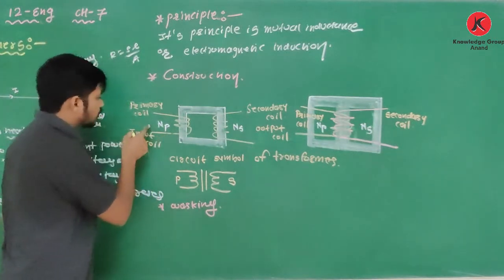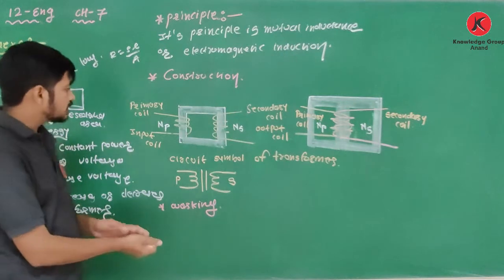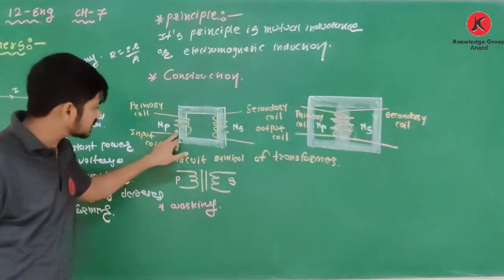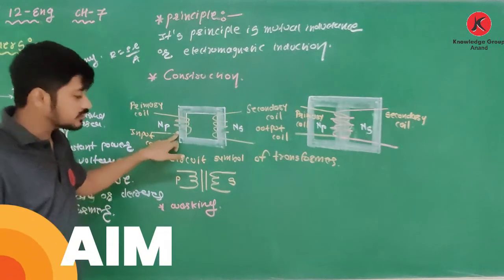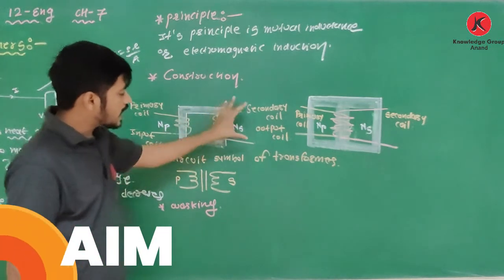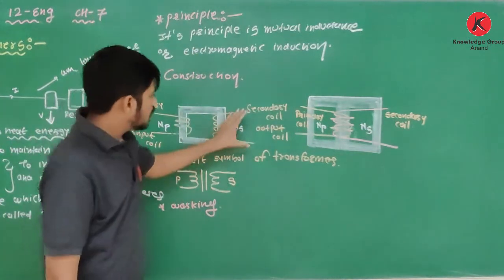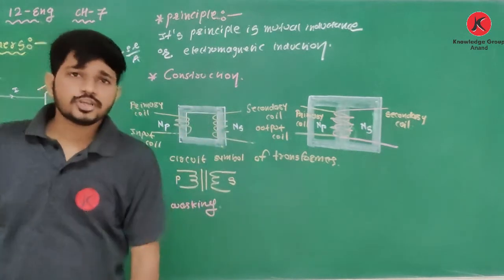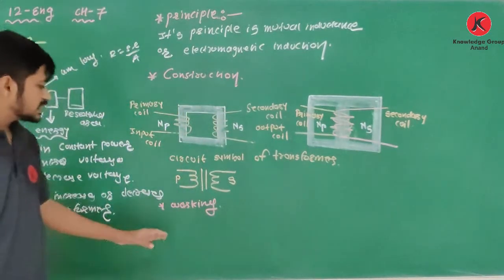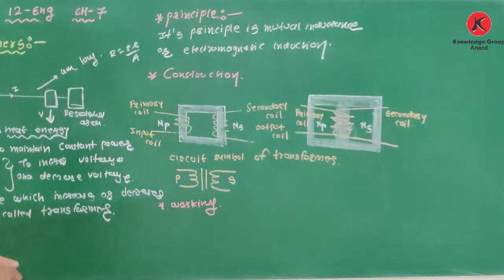See, in the working you have to write that initially the primary coil is connected with input. Due to that, current flows, magnetic field is produced, flux is linked with the other coil, and between two ends of the secondary coil, EMF is induced. Clear about this? So that is the working. Now, how to write it?